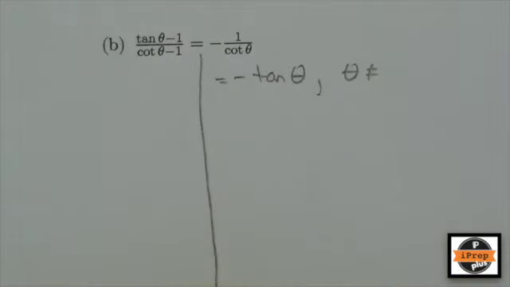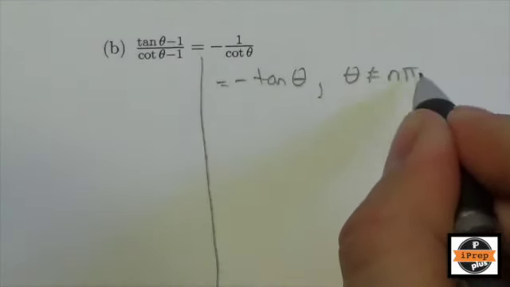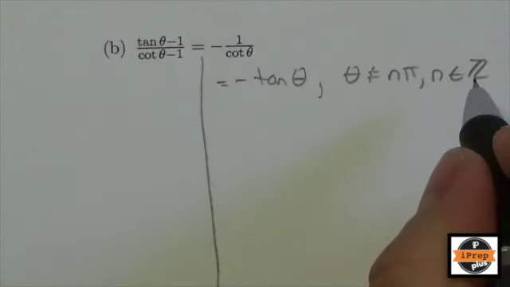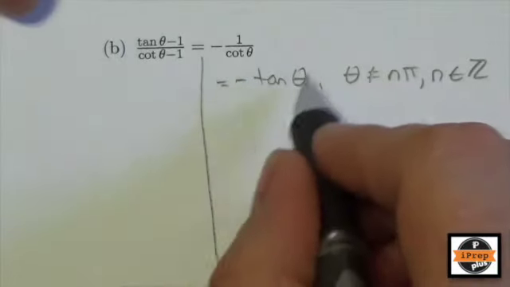I've gotten rid of the cotangent, and the cotangent has its own set of non-permissibles with it. Where was cotangent undefined? Cotangent all by itself is undefined at n pi, where n is an element of the integers.